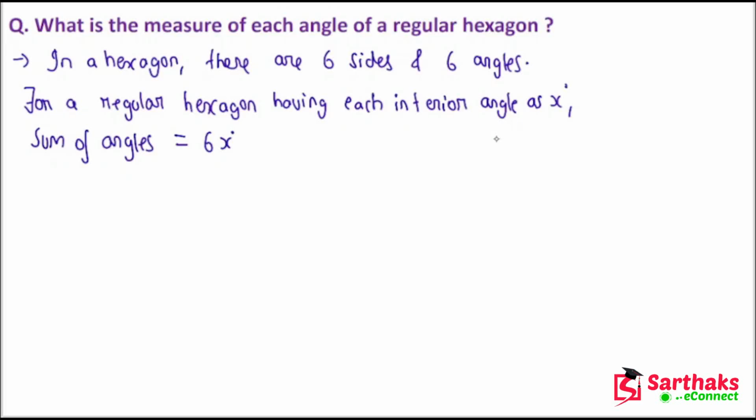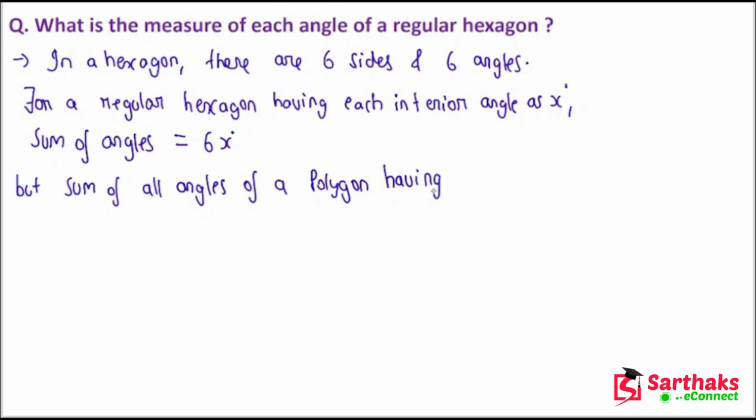But we know that the sum of all the angles of an n-sided polygon is n minus 2 into 180 degree. So the sum of all angles of a polygon having 6 sides is equal to, n minus 2, that is 6 minus 2, into 180 degree.